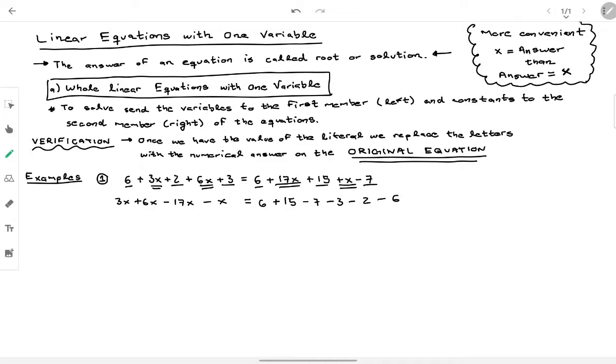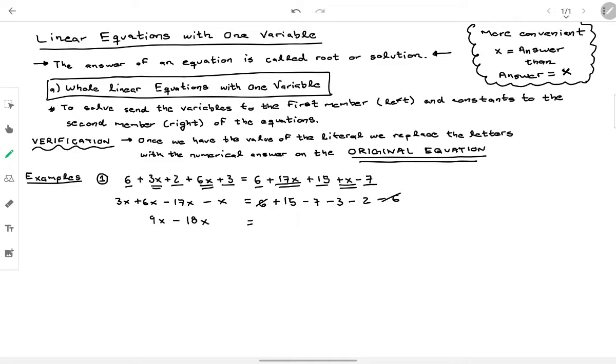So then we can do like term simplification. On the left part, we have 3x plus 6x. It's 9x. The negative ones, it's going to be 18x. On the right part of the equation, we will have 6 minus 6. It's 0.